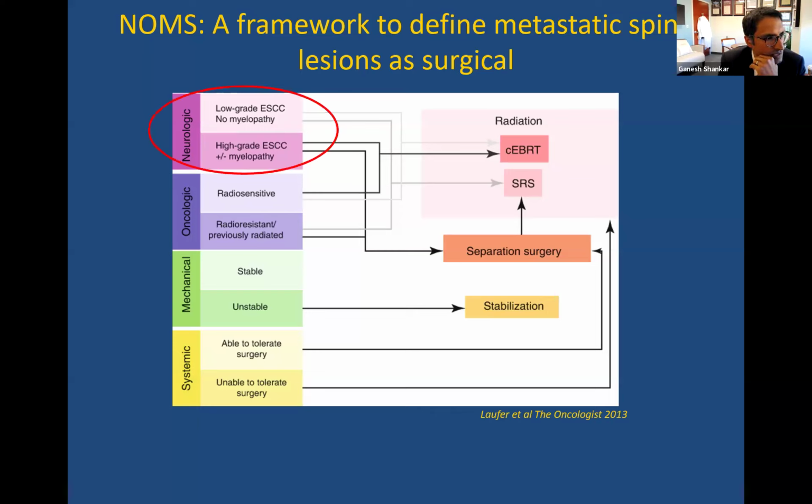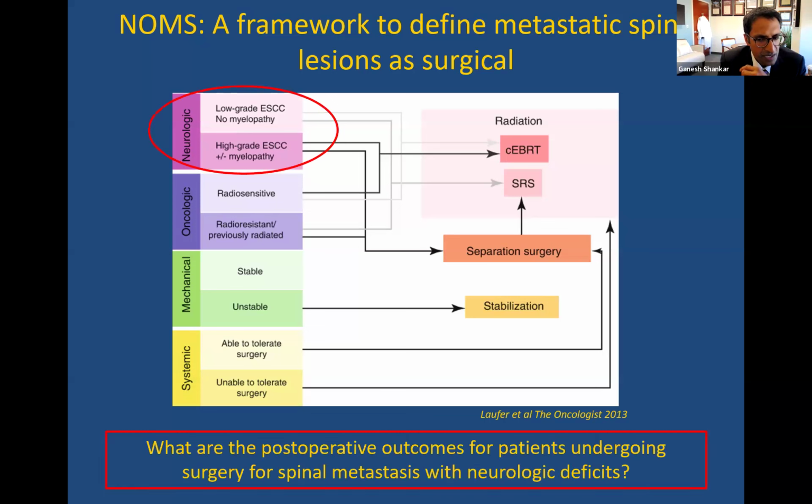To focus on the neurologic status, one of the questions that will be raised when meeting with a patient is, what can I expect if I have a certain deficit or a certain amount of pain?